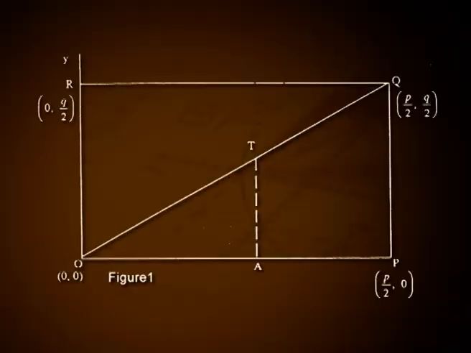To establish 4, we count the lattice points within a rectangle in the xy plane with vertices (0,0), (p/2,0), (p/2,q/2) and (0,q/2) in two different ways, one of which gives the LHS of 4 and the other gives the RHS of 4. But the number of such lattice points is unique. So, we arrive at 4.